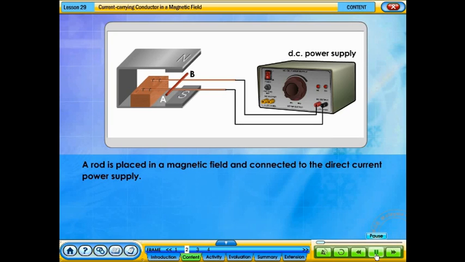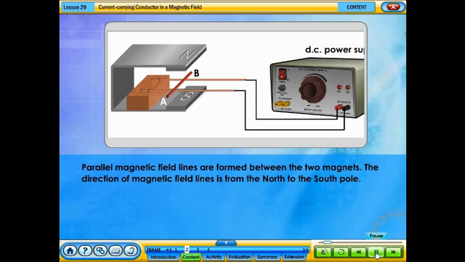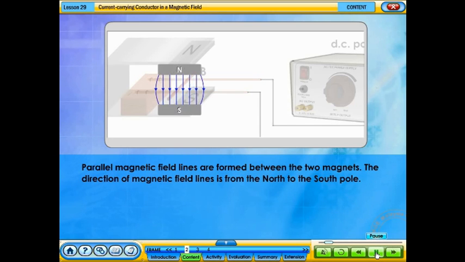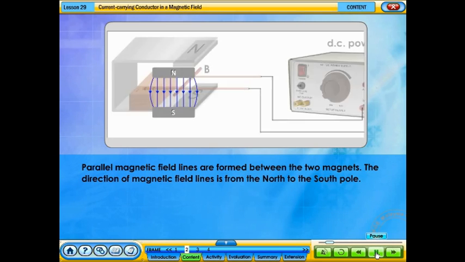A rod is placed in a magnetic field and connected to the direct current power supply. Describe the magnetic field pattern between the two magnets. Parallel magnetic field lines are formed between the two magnets.